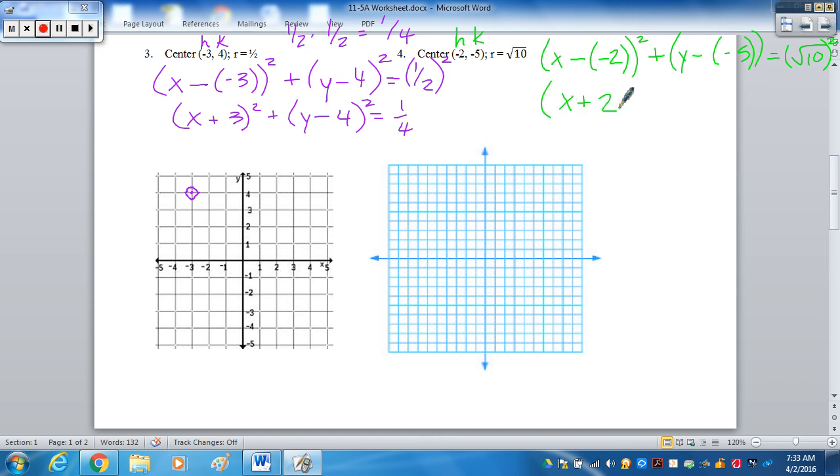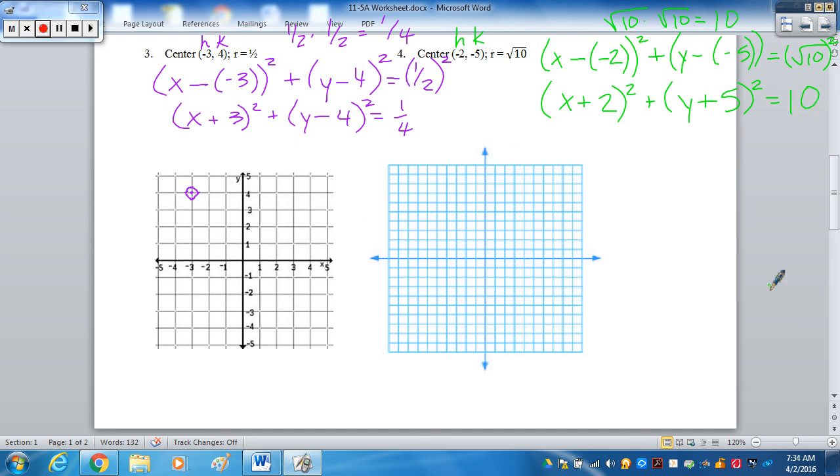So x plus 2 squared, y plus 5 squared, and then we talked about this just after the new year. When you have a square and a square root, they will cancel each other out. You can also look at it this way. Radical 10 times radical 10, remember, radical 100 basically becomes 10, or just that base number, okay?